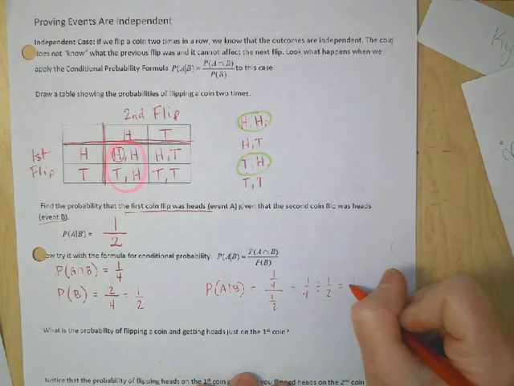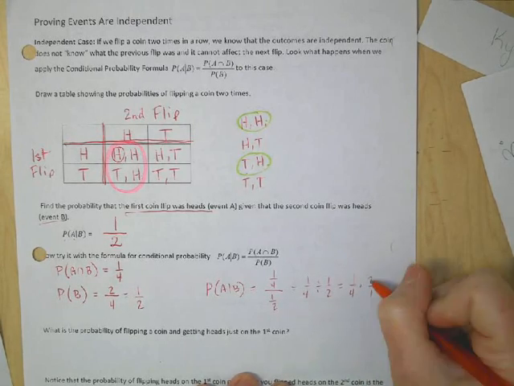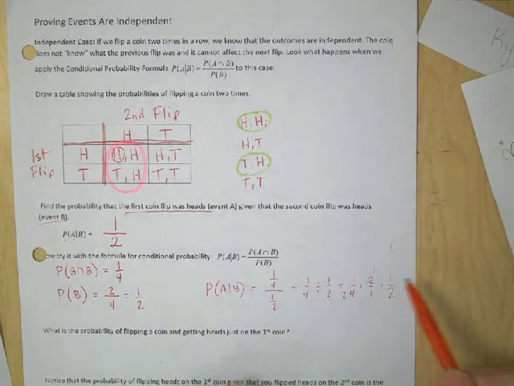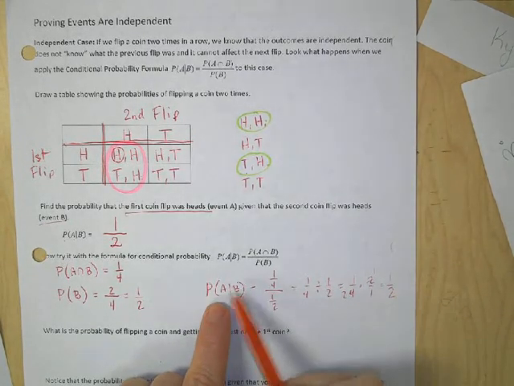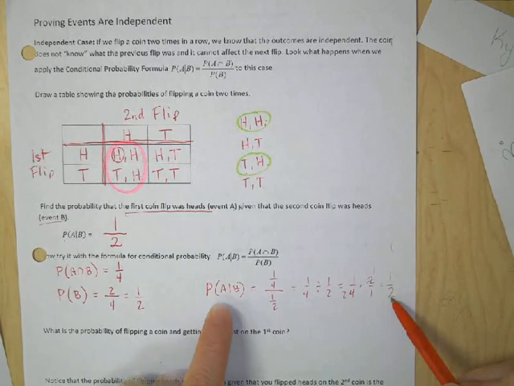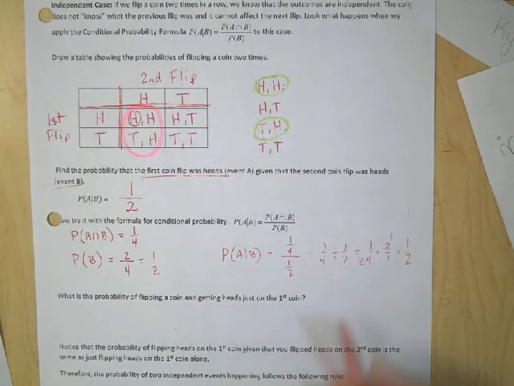We change it to multiplying by the reciprocal, and that gives us, we can reduce that, 1/2. So notice the probability of flipping heads, given that the second coin is heads, is just 1/2. Now, what is the probability of flipping a coin and getting heads just on the first coin? So just event A.